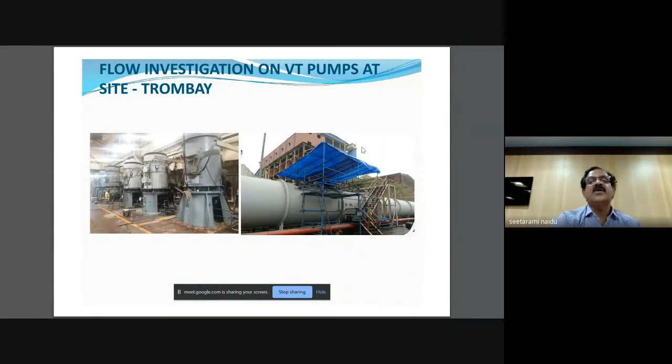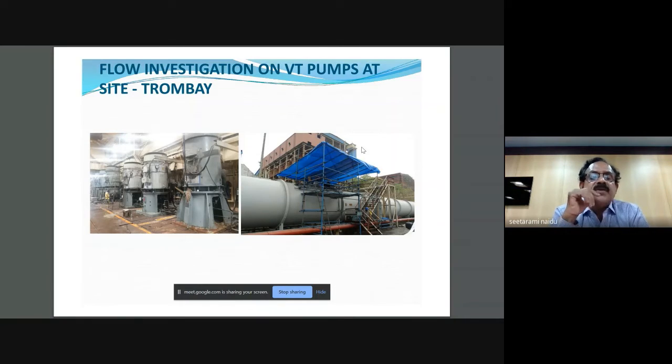This is one study we have done for Trombay, that is Tata Power. The same 4 pumps were installed on the sea, located inside the sea. There is no scope for any modifications. We did an investigation since they were facing a lot of problems in getting sufficient water for the cooling systems of the thermal plant.